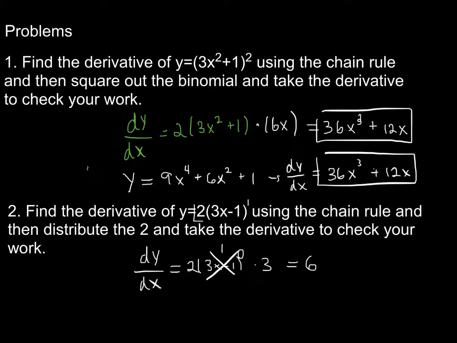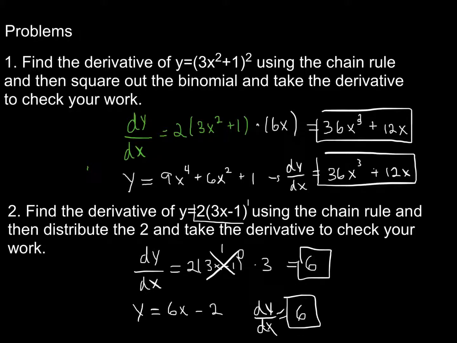Now if I were to multiply this whole thing out, notice that I would get 6x minus 2. And if I took the derivative of y with respect to x, then I would end up with 6. And so we should be pretty confident that the chain rule will work in these situations.